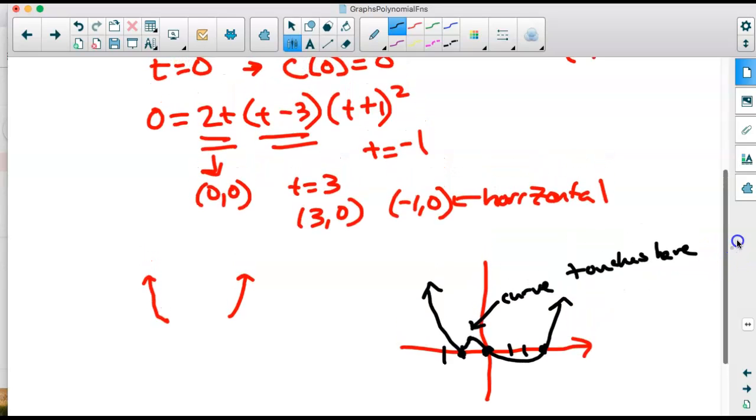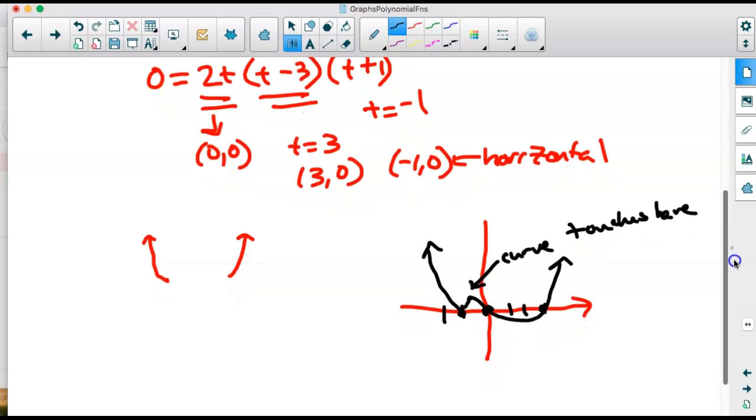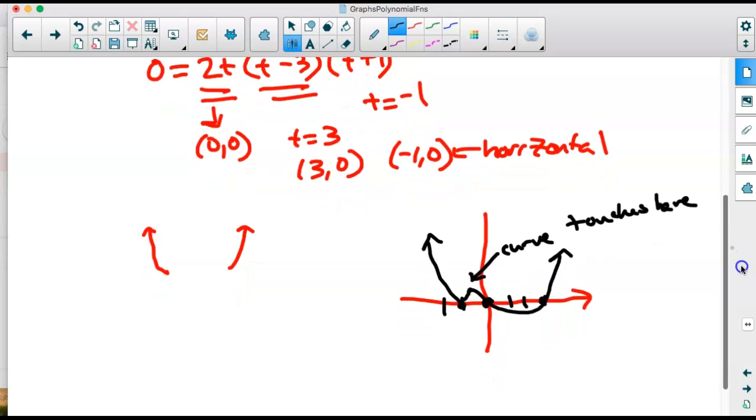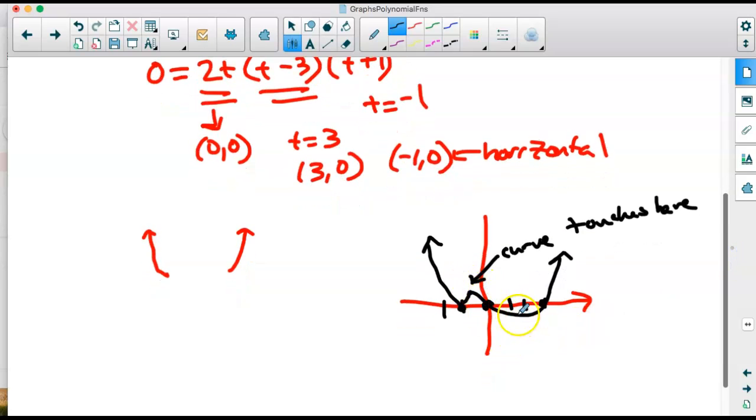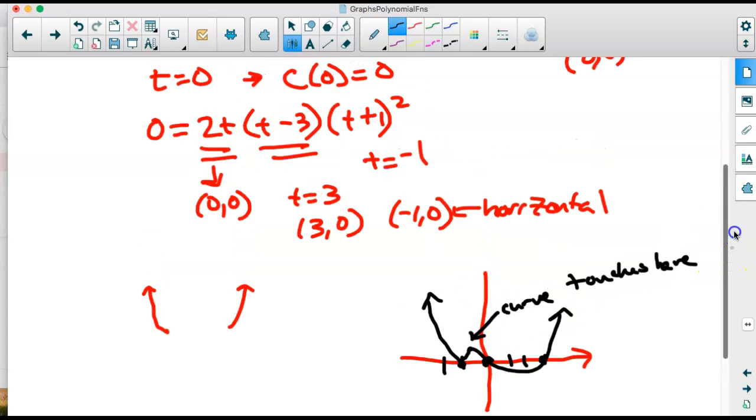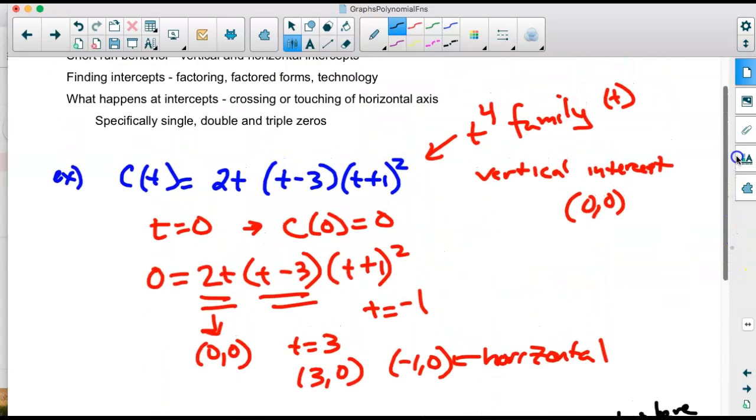So we can specifically graph that on our graphing technology and find these points, the max and min points here. We know this minimum point is at -1, 0 though, because we know it touches there, so that's given as a minimum point there. So we can figure that out.